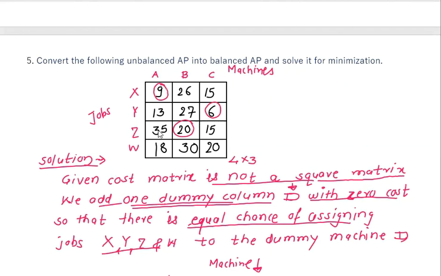So we will add the cost of performing the 3 jobs X, Y, Z on machines A, B, C: 9 plus 6, 15 plus 20 is 35.